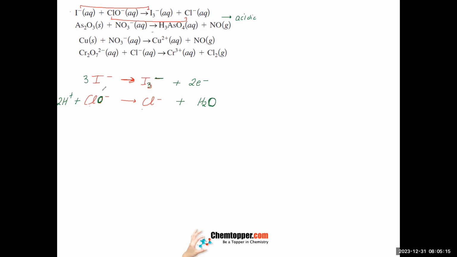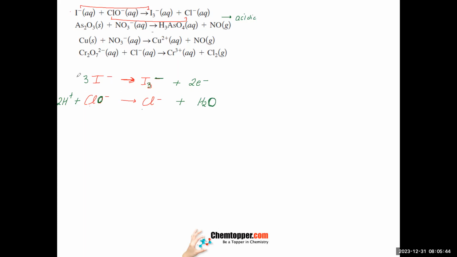Now you can identify this reaction. Is it oxidation, reduction? What is it? This one. Is it losing electrons or gaining electrons? How come it is gaining?